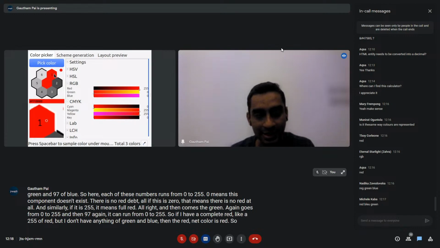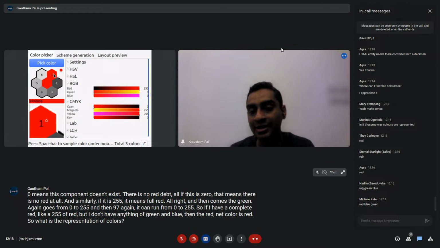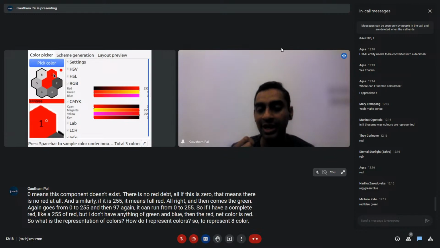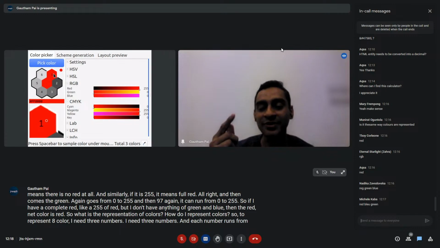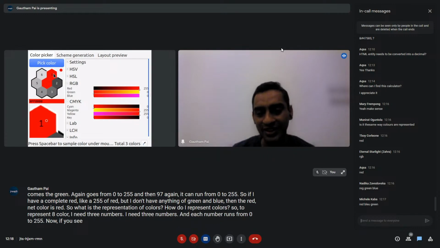So how do I represent colors? To represent a color, I need three numbers, and each number runs from 0 to 255. Now, can you tell me why it is 255? What is 255 in binary?